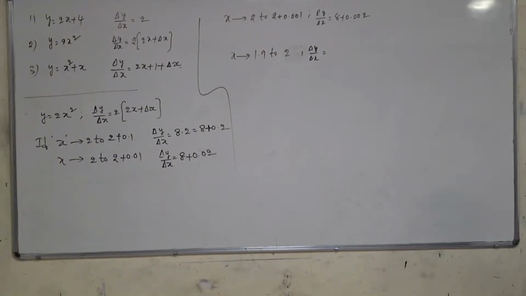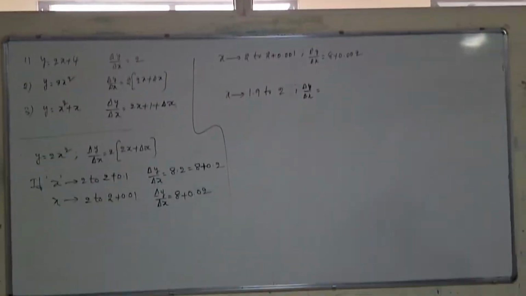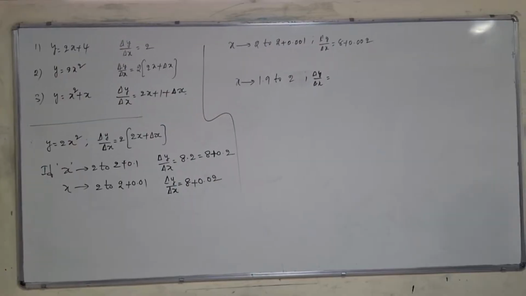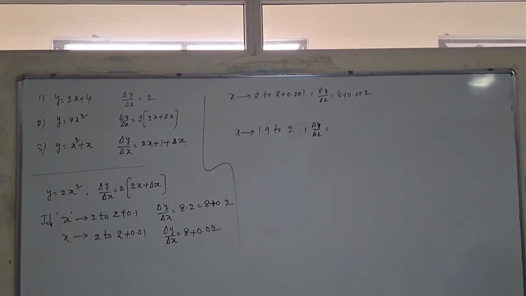Delta x is equal to 0.1. Now tell me what is delta y by delta x in this case.